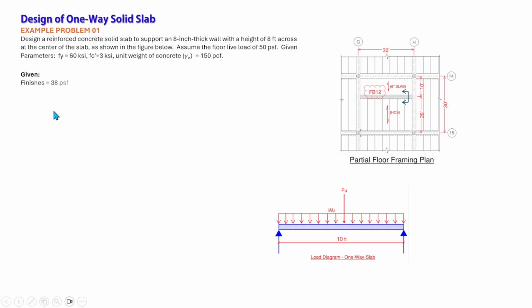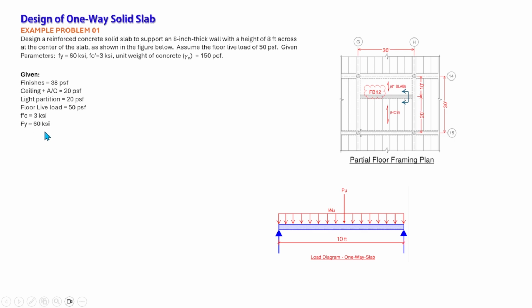So let's get started with our problem. We are given finishes of 38 psf, and we have the ceiling plus the AC equal to 20 psf. Lightweight partitions is equal to 20 psf, and the floor live load of 50 psf, and we have the Fc prime 3 ksi.